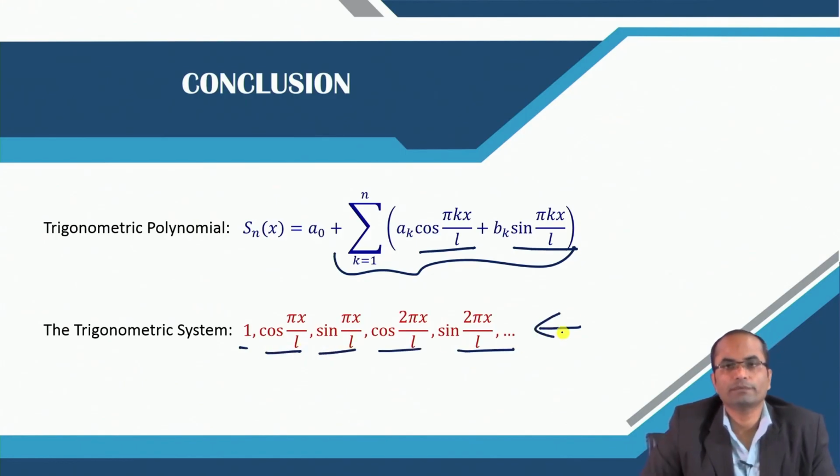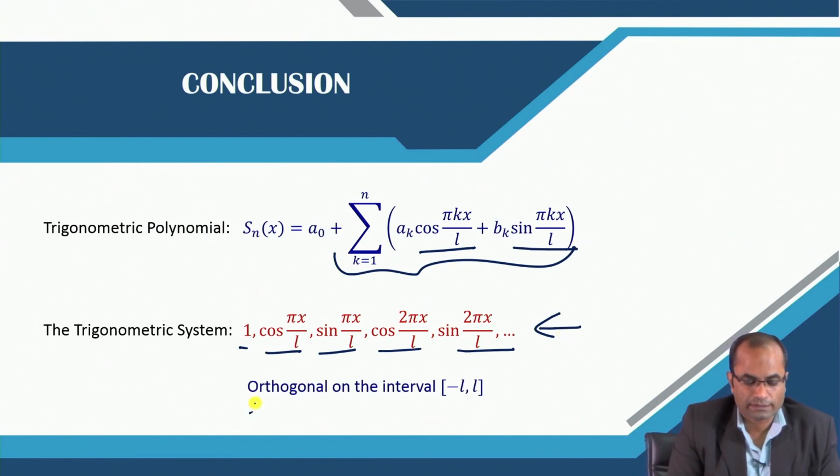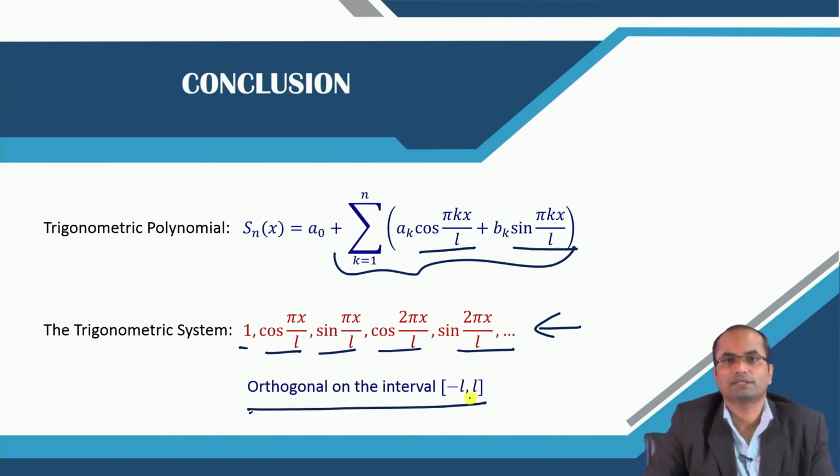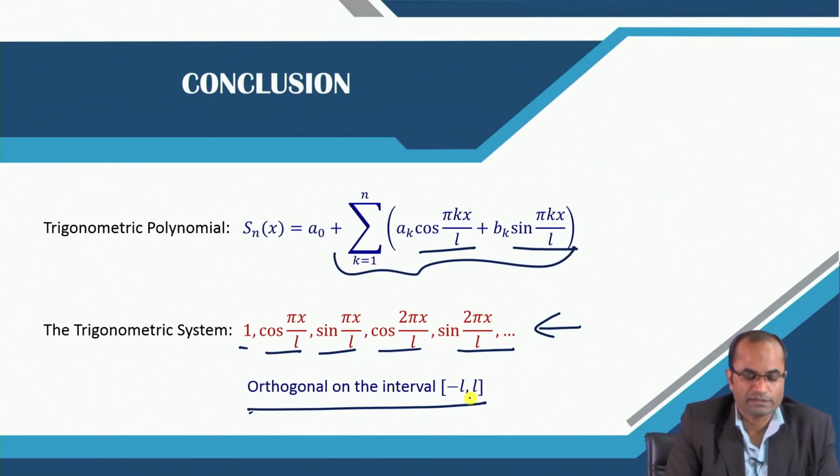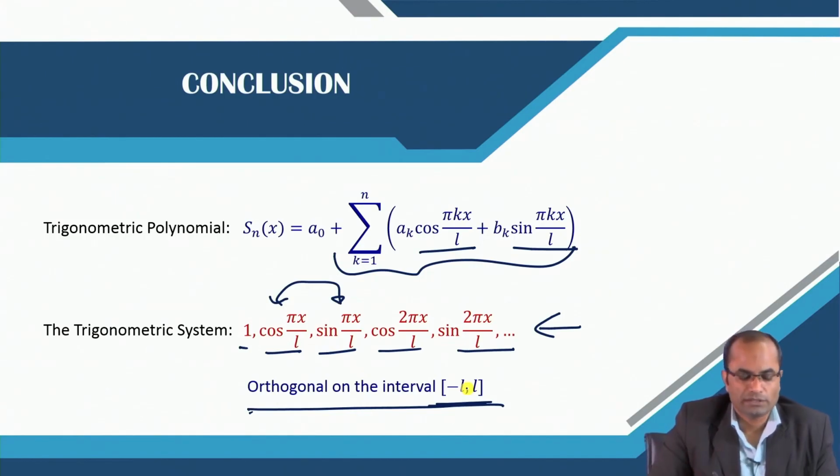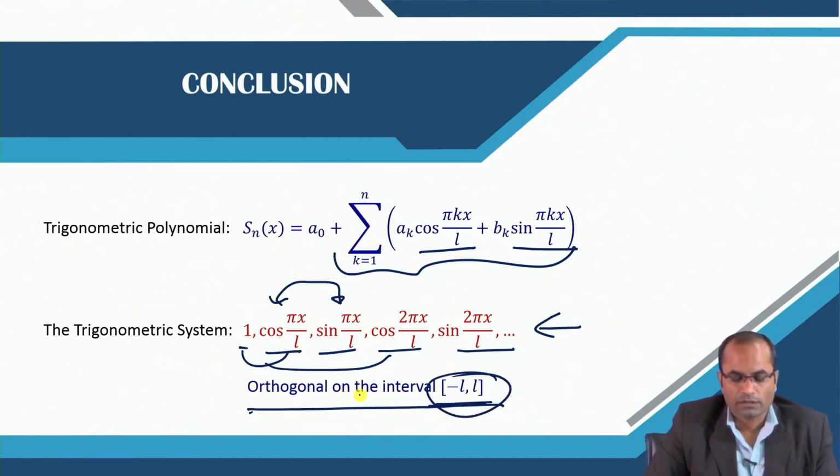The interesting property of this trigonometric system, which we have also proved, is that it is orthogonal on the interval minus L to L. That means if we take any two different members and integrate their product over minus L to L, the value will be 0.